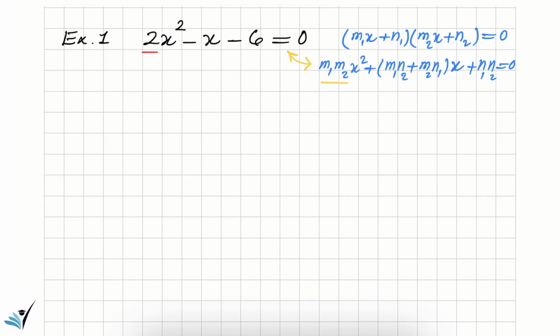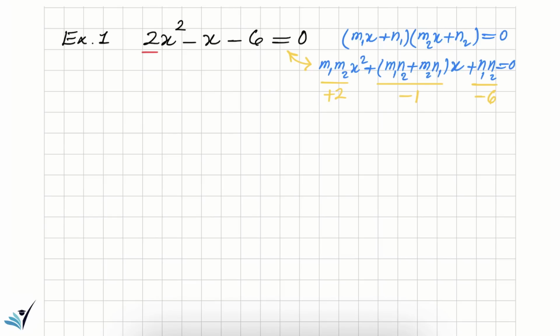If we compare this equation with the equation that we have in our example, we see that m1 times m2 has to be positive 2, the multiplier of the second term, m1 n2 plus m2 n1, has to be negative 1, and n1 times n2 has to be negative 6. So we have to find out the four unknowns, m1 and m2 and also n1 and n2.